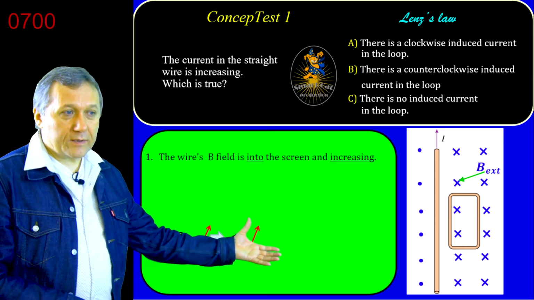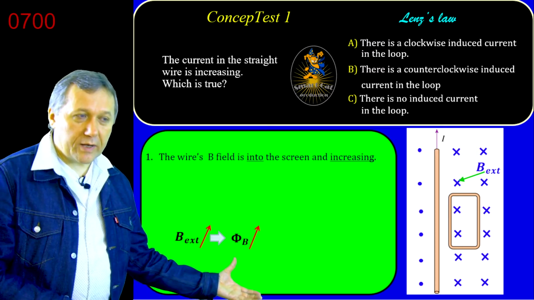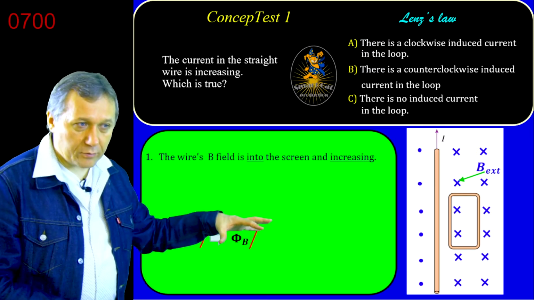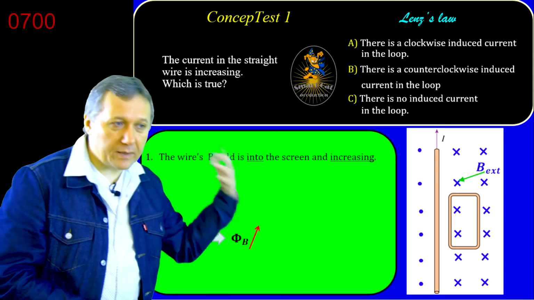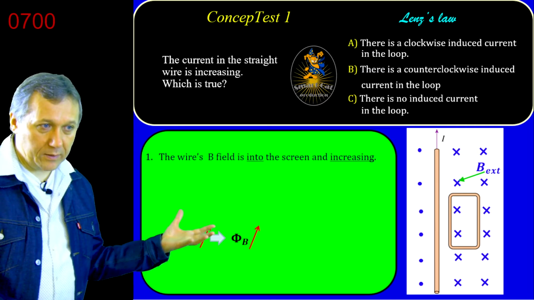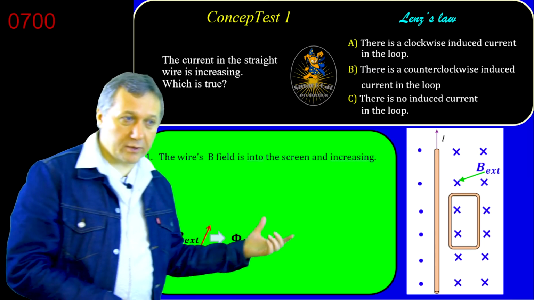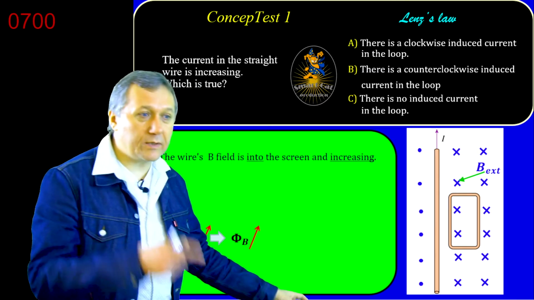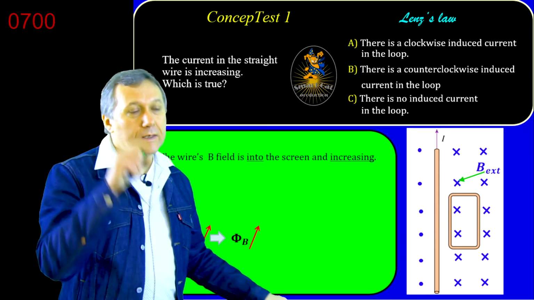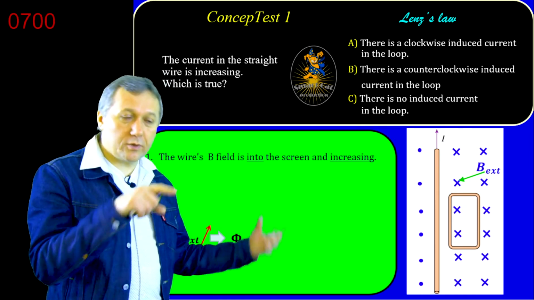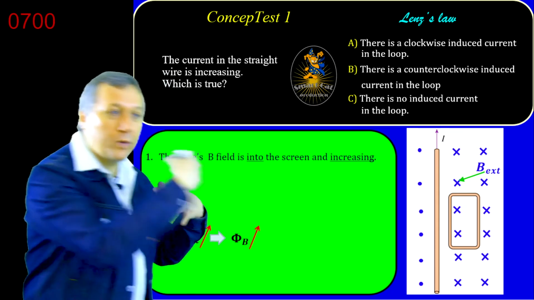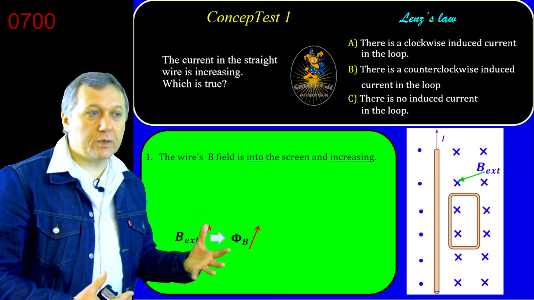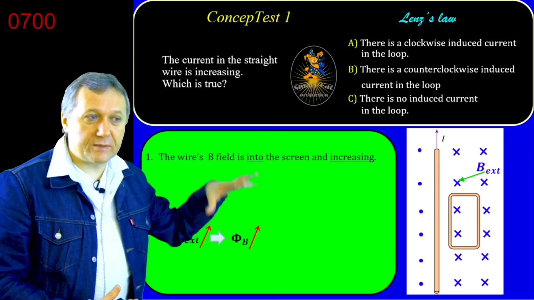So flux increases, it means that the system will try to suppress the growth of that flux. So it rebels. The system will rebel. In which way? Of course, it will start driving the induced current in such a direction so that the induced magnetic field is in the opposite direction to the external magnetic field within the loop. Because again, you remember, the system tries to suppress the flux.